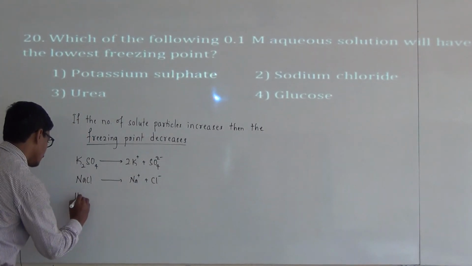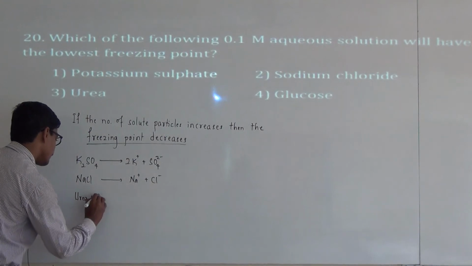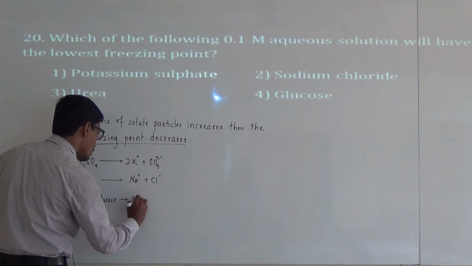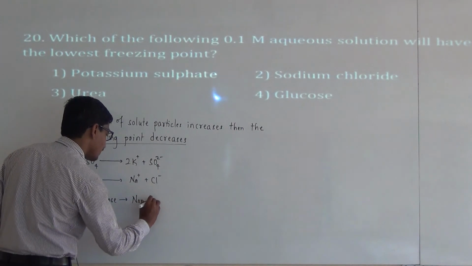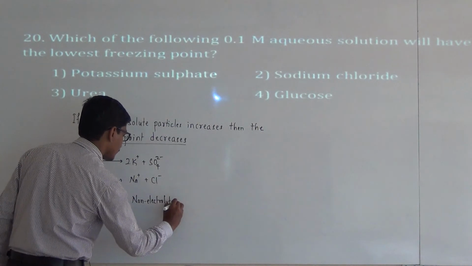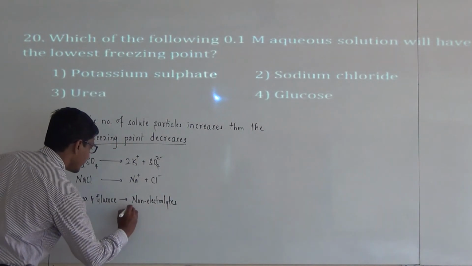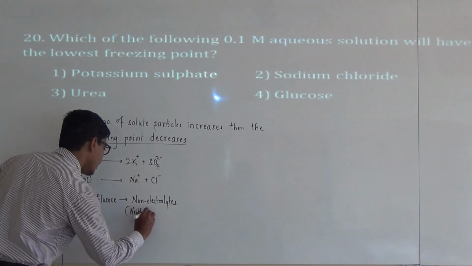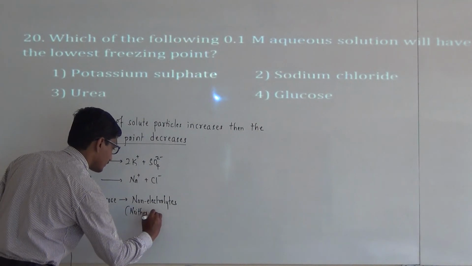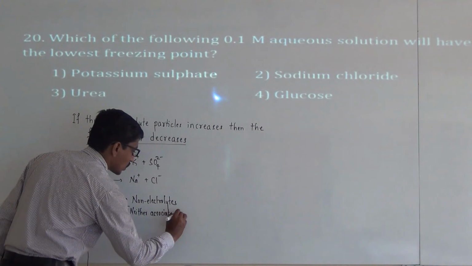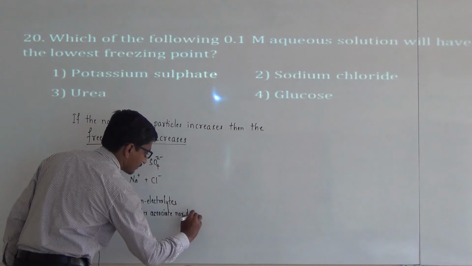Urea and glucose are non-electrolytes, and they neither associate nor dissociate.